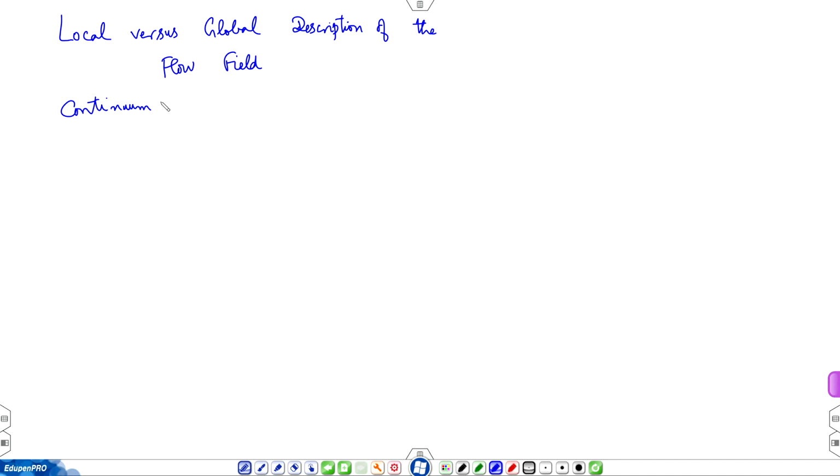We continue to be governed by the natural laws of mass, momentum, and energy. Now, this energy equation is supplemented by the second law of thermodynamics.